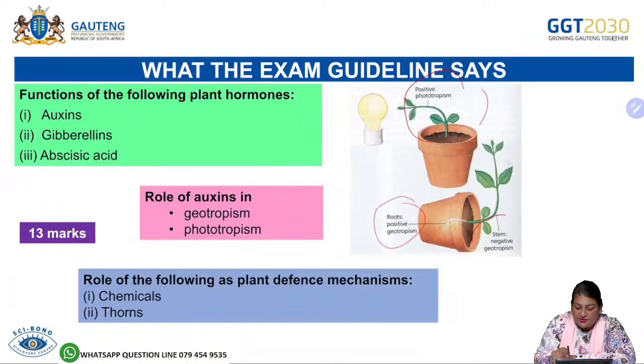Stems are negatively geotropic because they don't grow towards gravity, they grow upwards, towards light.